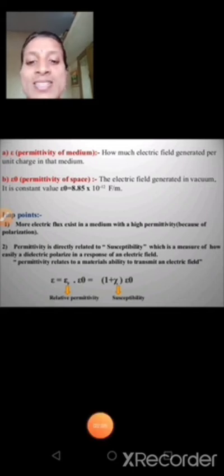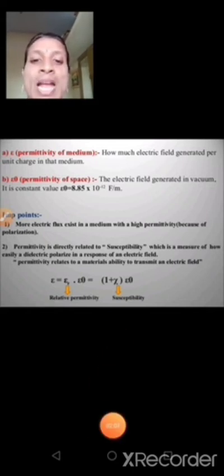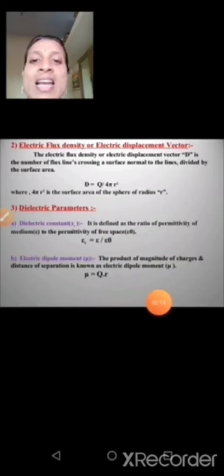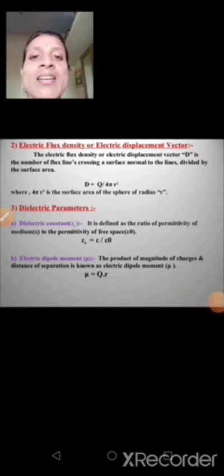Here we see the two relations. Epsilon is equal to epsilon r into epsilon naught. Epsilon r is the relative permittivity, and it is equal to 1 plus chi, the susceptibility, into epsilon naught. Later, another property is electric flux density, or the electric displacement vector. The relation for electric flux density is Q by 4 pi r square.